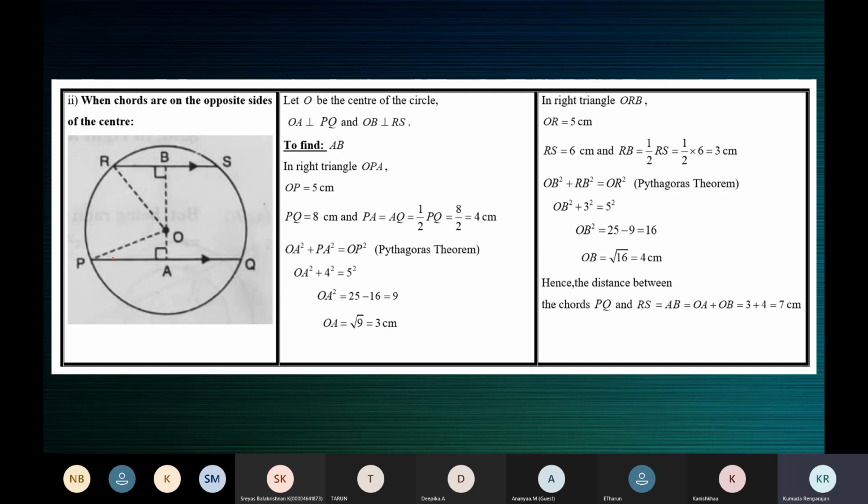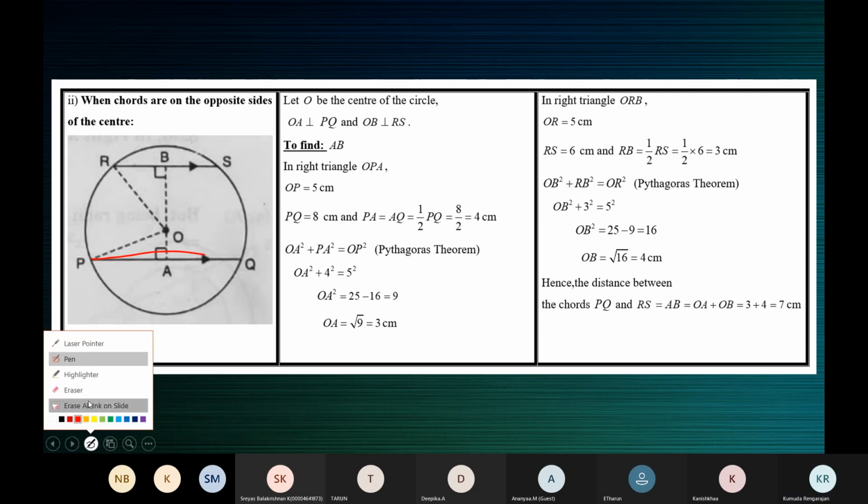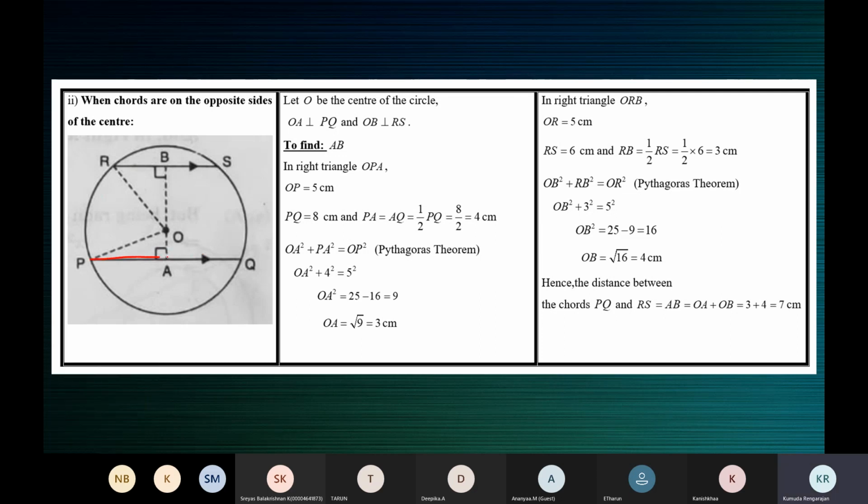So PQ is a longer chord. OA is the perpendicular distance from the center. It's very small. RS is relatively the shorter chord, which means its distance from the center will be longer.